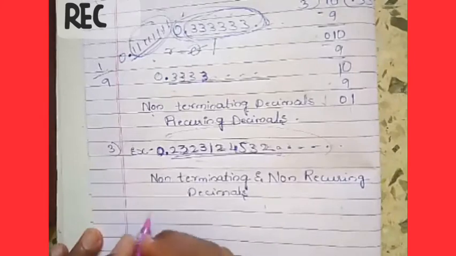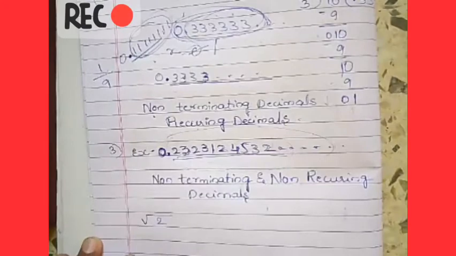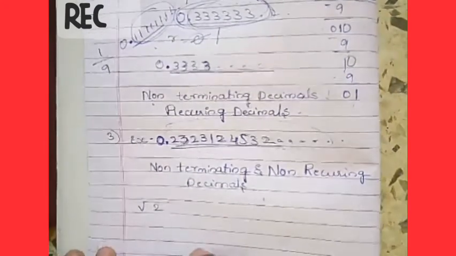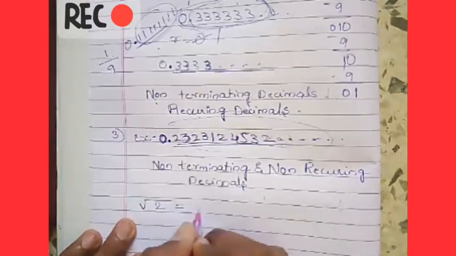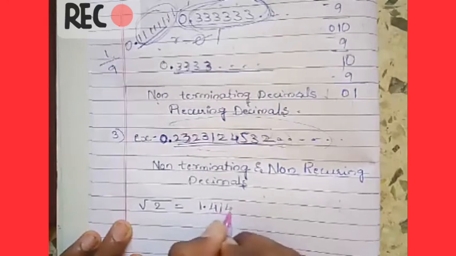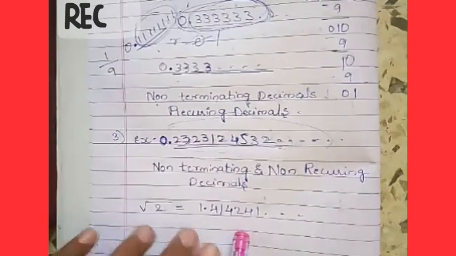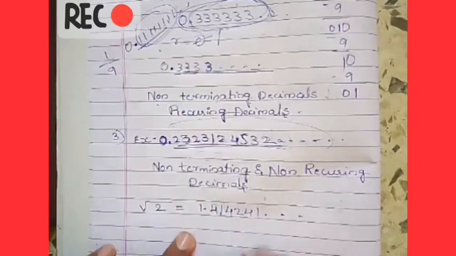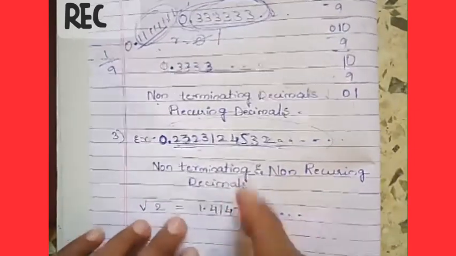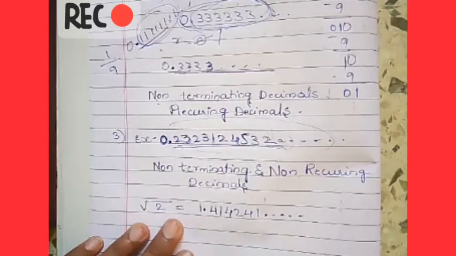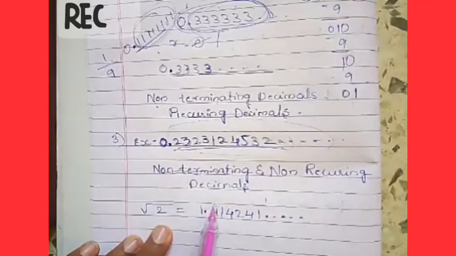So for example, let us take square root of 2. 2 is not a perfect square. So if we solve, we will get the answer 1.414241 and so on. It is also not having an end, there are infinite numbers. This dot dot means infinite numbers after the decimal point, that means non-terminating, as well as there is no repetition of the numbers.